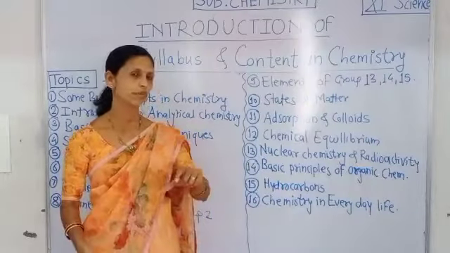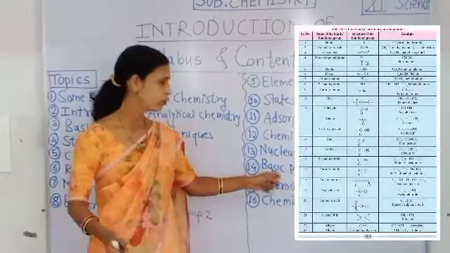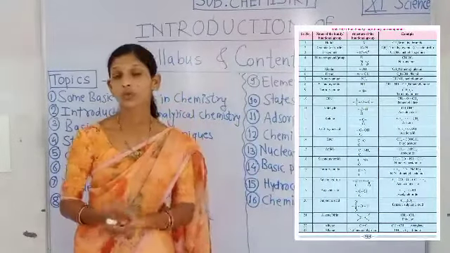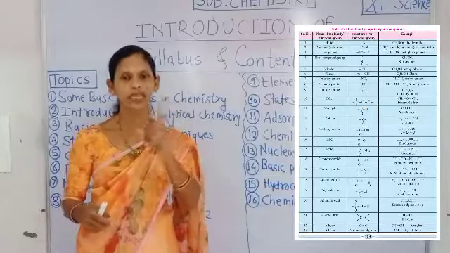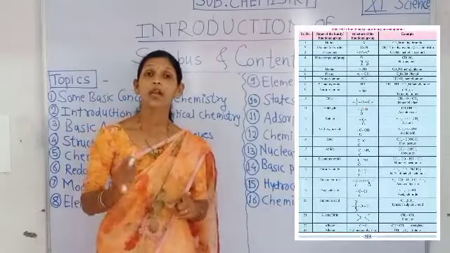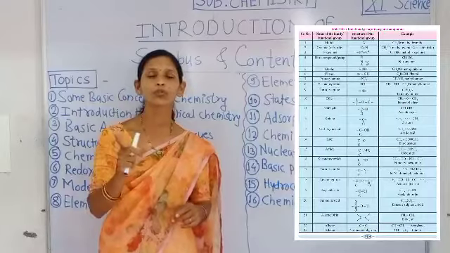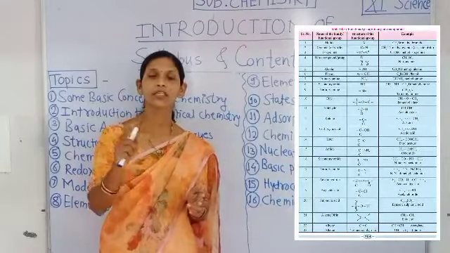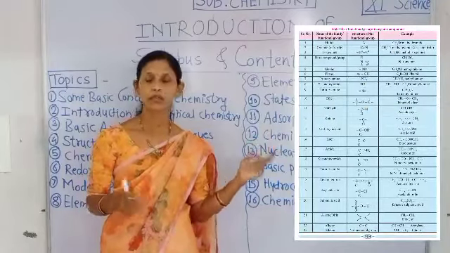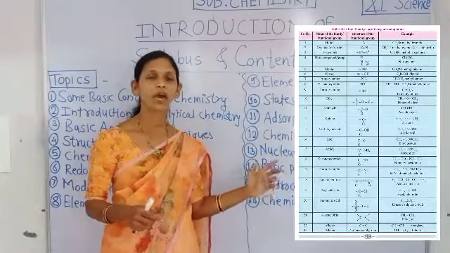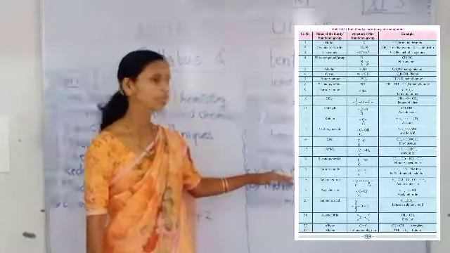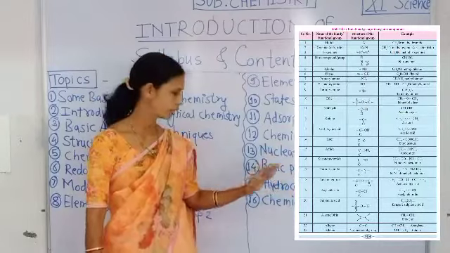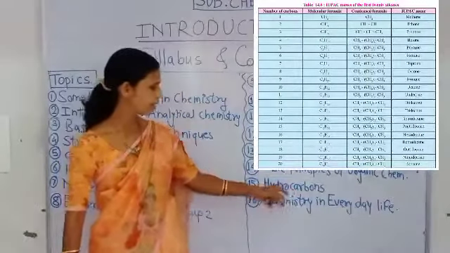We will study organic compounds as well as functional groups, which you studied in the 10th standard. That is, alcohol has the dash OH group as its functional group, as well as aldehyde has the dash CHO functional group. We will study those functional groups and the basic concepts related to organic compounds in this chapter.